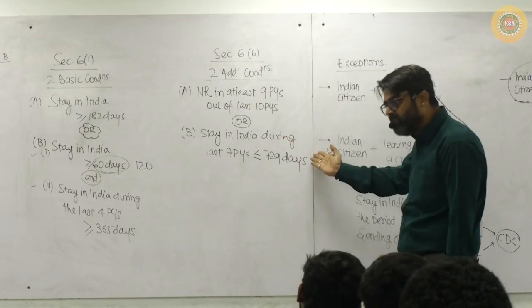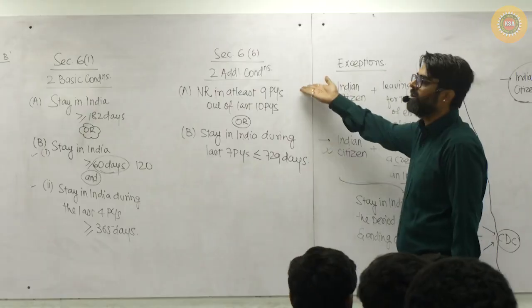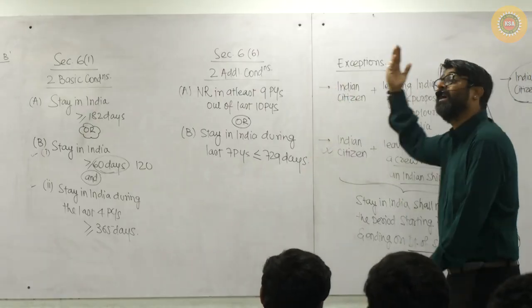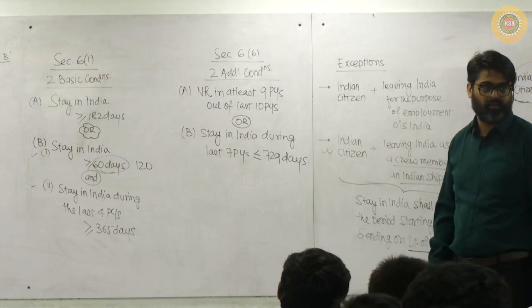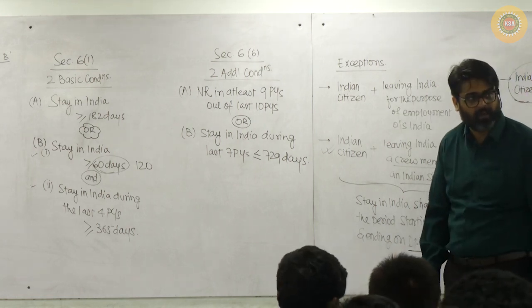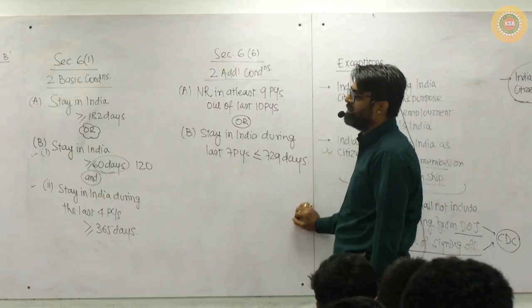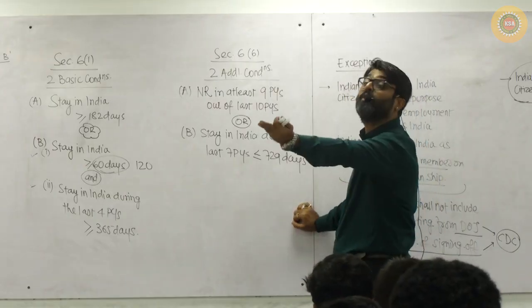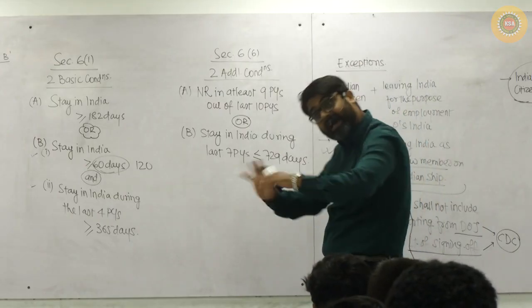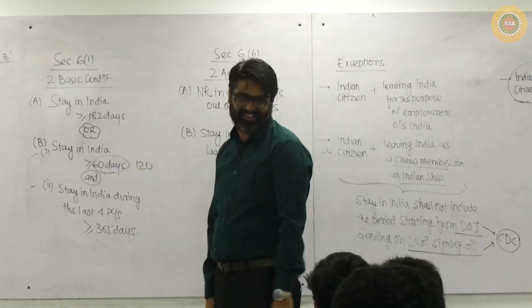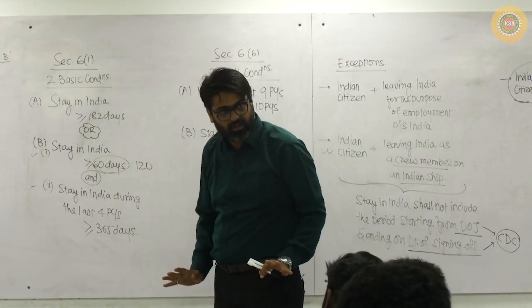If you satisfy this also, you become RNOR. Getting my point? If this is not satisfied and this is also not satisfied, definitely both the conditions are not getting satisfied, and you will become ROR. Understood?